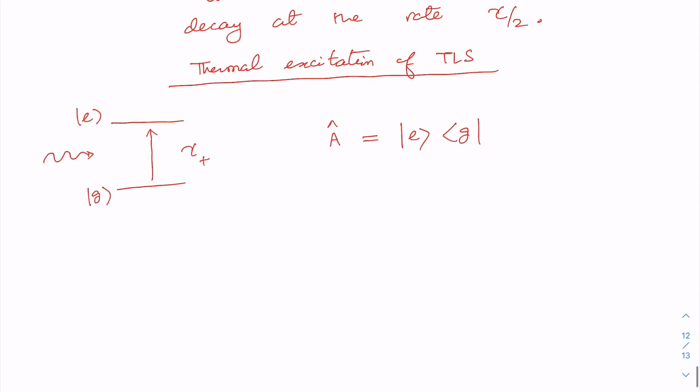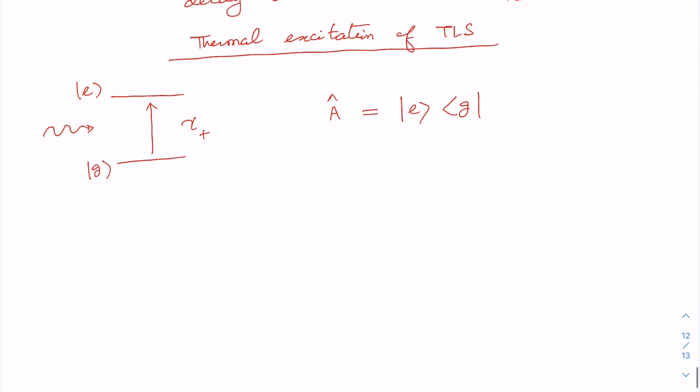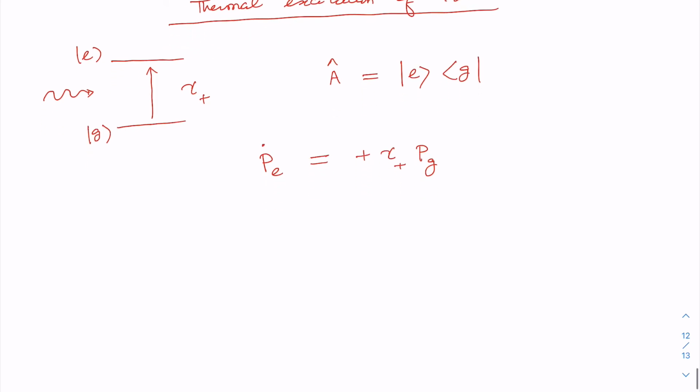So let me take it as my relaxation operator, and again by the same kind of prescription, please do it yourself, you can do it very easily, the rate of change of the probability of the excited state, you will get to be plus gamma plus times Pg, which is the probability of getting the atom in the ground state. By this I mean ρ_GG.